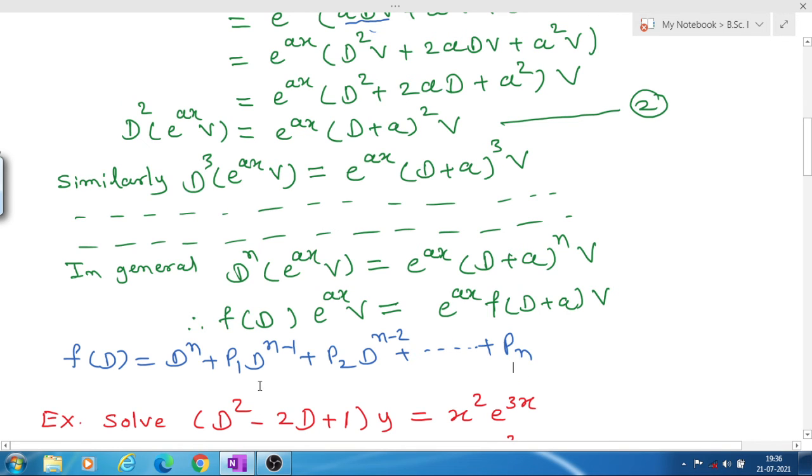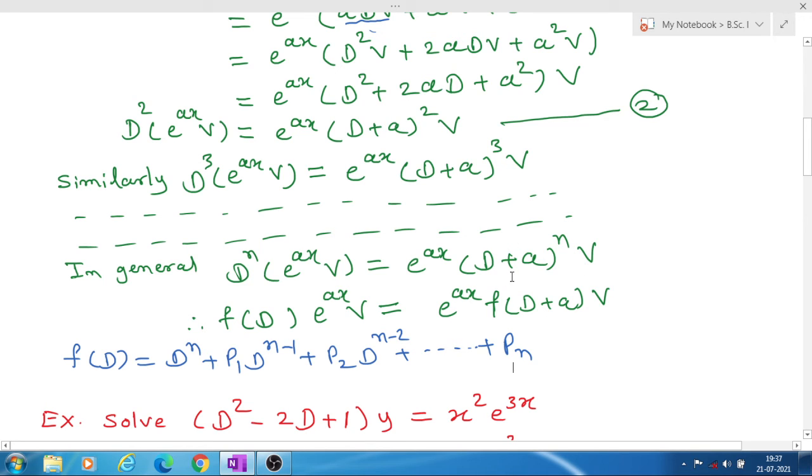When we operate this f(D) on e raised to ax v, then we operate all these terms: D raised to n on e raised to ax v, plus p1 D raised to n minus 1 on e raised to ax v. So we operate each term on e raised to ax v, and we will get the values of all the derivatives, as the nth derivative will be e raised to ax into (D plus a) raised to n into v.